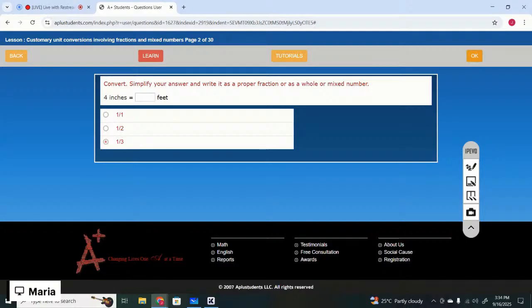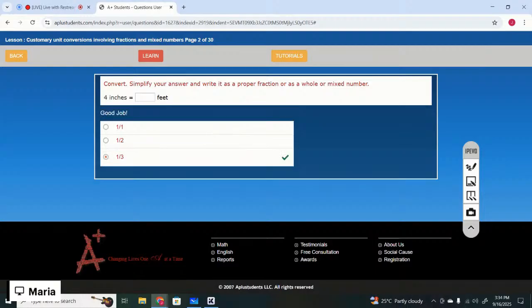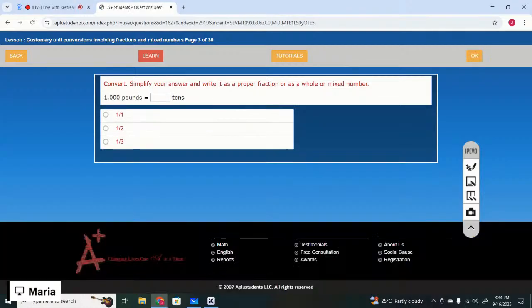Option number 3 is the correct option. 1,000 pounds equals how many tons?